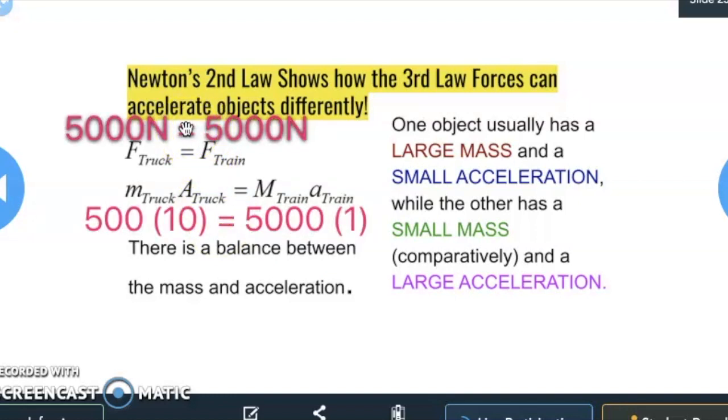And so this not only applies to collisions with large and small objects, but this also could apply to that earlier slide that I mentioned where I said that we pull on the Earth the same amount that the Earth pulls on us. But when we compare our mass to the mass of the Earth, our mass is tiny. It's almost non-existent. The Earth has a mass of 6 times 10 to the 24th kilograms.